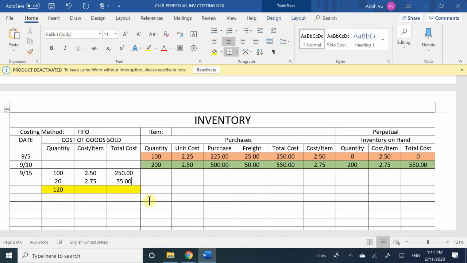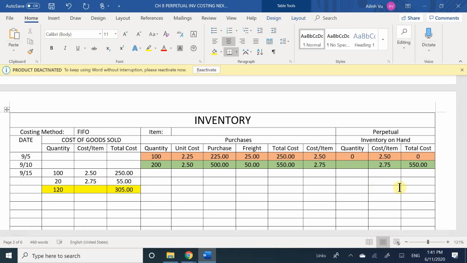$55 is correct. Now let's add these two numbers together, and you should get $305. Okay, good. Now let's go over here, and we know that we need to subtract 55 from this 550. We also need to subtract 20 from this.